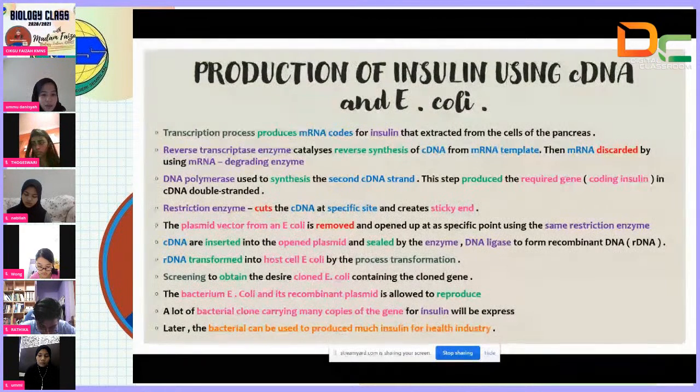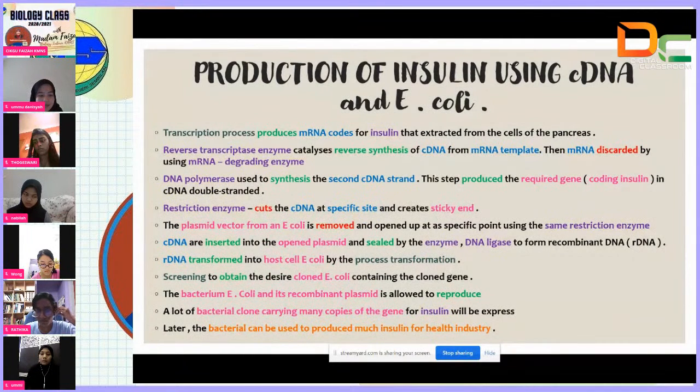And then E. coli with the recombinant plasmid is allowed to reproduce. Then a lot of bacteria clones carry many copies of the gene for insulin. Then the bacteria can be used to produce much insulin for the health industry. Okay, done.